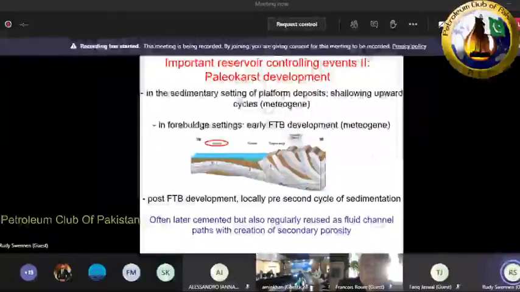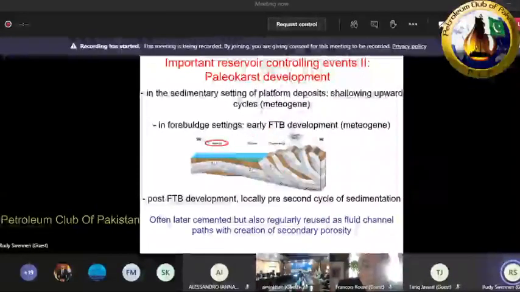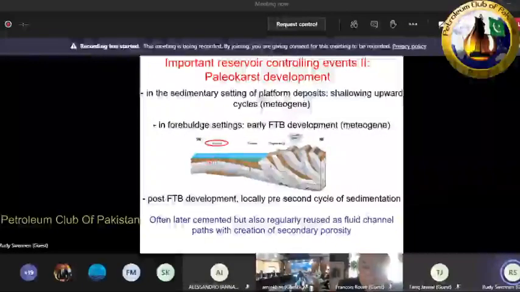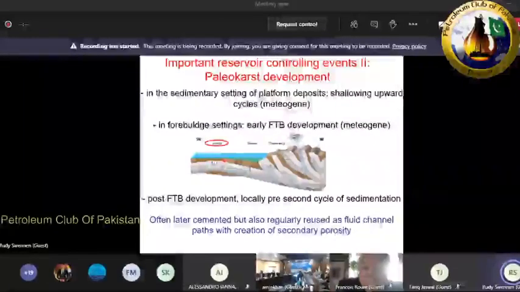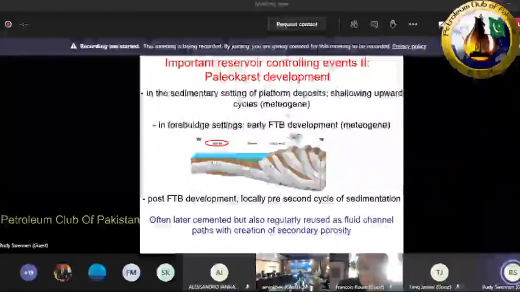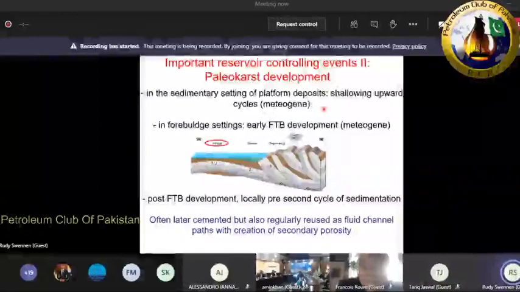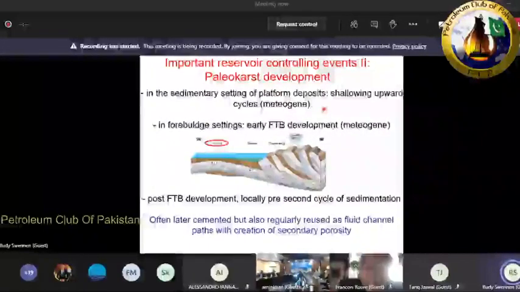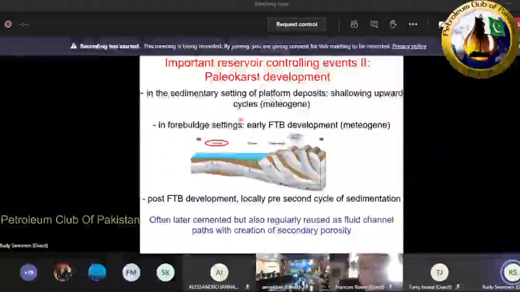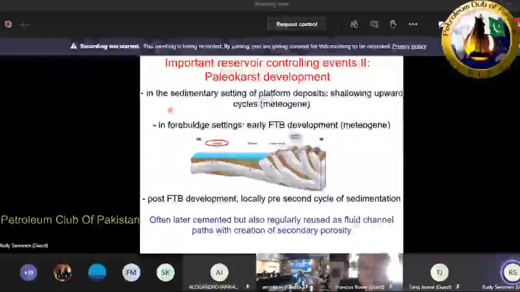Another quite important event in Foreland fault and thrust belts is what happens in the forebulge. In the forebulge, these sediments potentially can be affected by karstification, and so by infiltration of meteoric water. And apart from the karst phenomena, which can happen at the shallowing upward cycles, where a sedimentary origin can be linked to the karst, you have the potential to create in the forebulge some karstification.